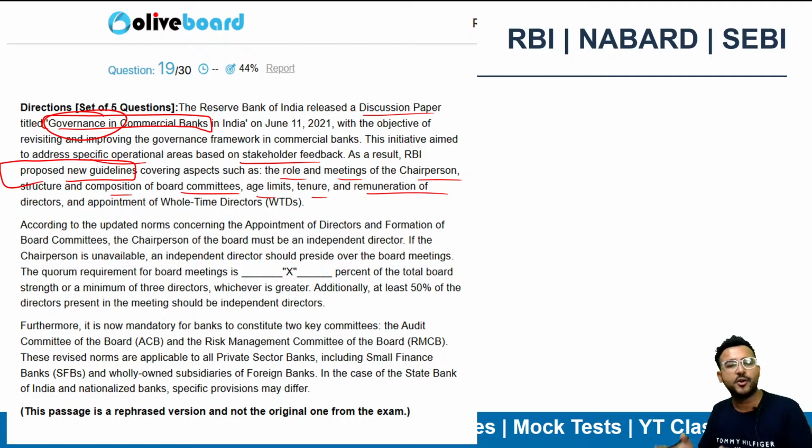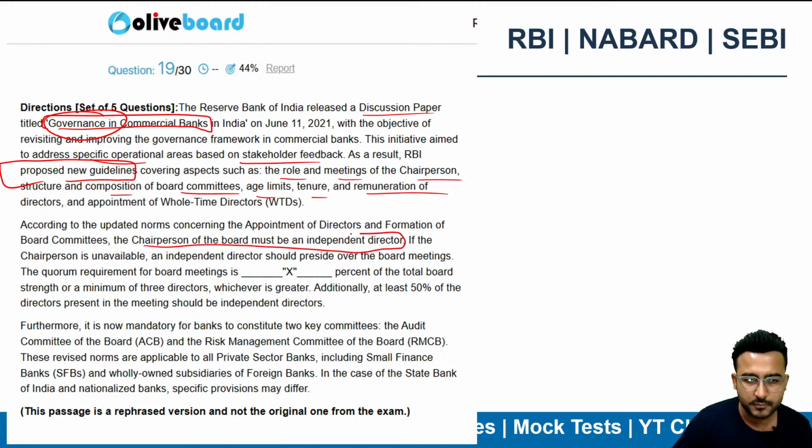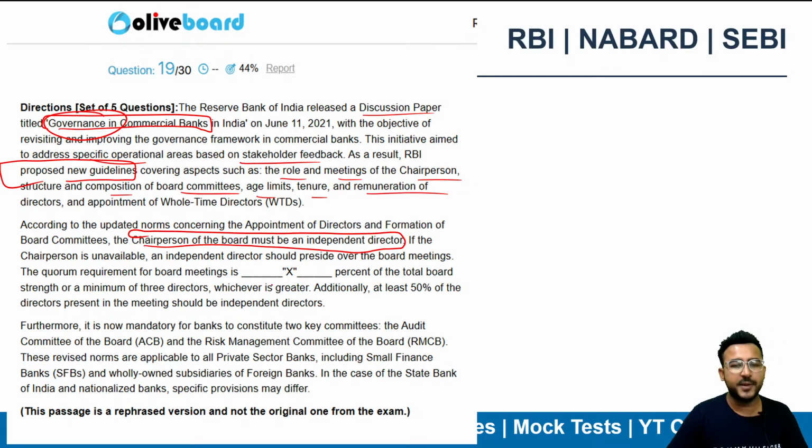According to the updated norms concerning the appointment of directors and formation of the board committee, the chairperson of the board must be an independent director. Keyword: if the chairperson is unavailable, an independent director should preside over the board meeting.